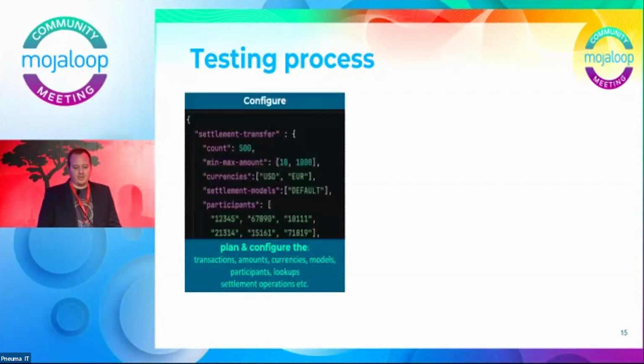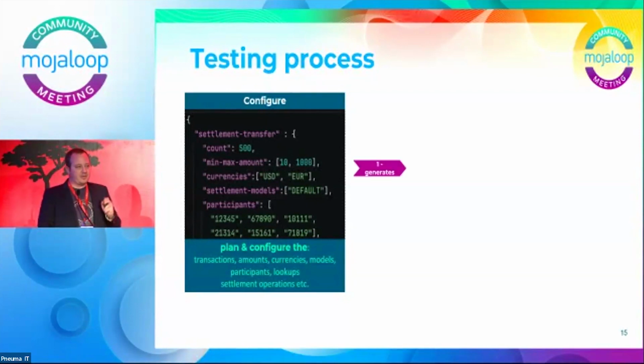For that, we have a configuration file where you can configure the transactions you want to generate: the amounts, the currencies, the settlement models, the participants, the lookups, and then all of these settlement operations, as Michael mentioned. This is just a snippet of the file. The actual configuration file is more complex, and that was done purposefully so that, via configuration, we can get as close as possible to a simulation of what the hub operation would look like.